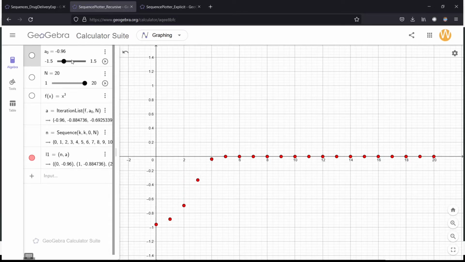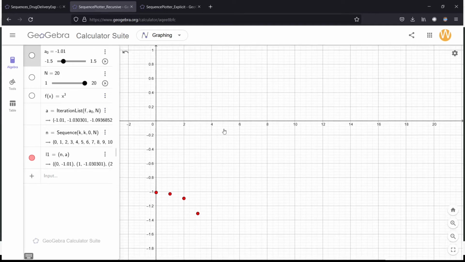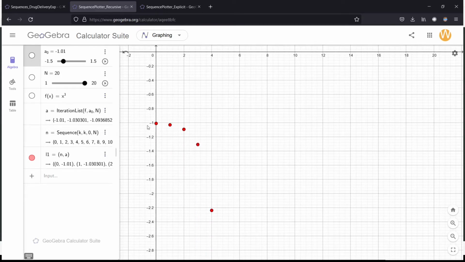All the way until we get to negative 0.99, where the moment we switch from negative 0.99 to negative 1, the limit of the sequence becomes negative 1. And if I go just a little bit lower, negative 1.01, we're again seeing this very quick divergence.